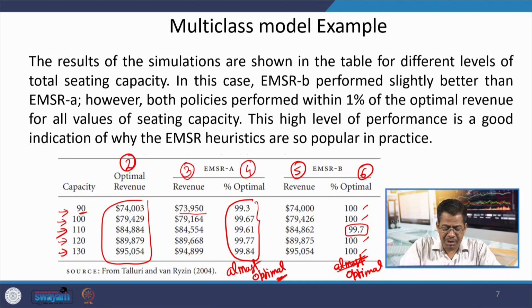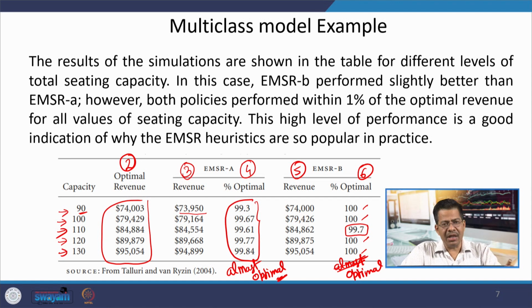So, you can say one thing, that as the capacity of your servers increase, airline, hotels, restaurant, if the capacity increases, the difference between optimal, EMSR A and EMSR B will start diminishing.